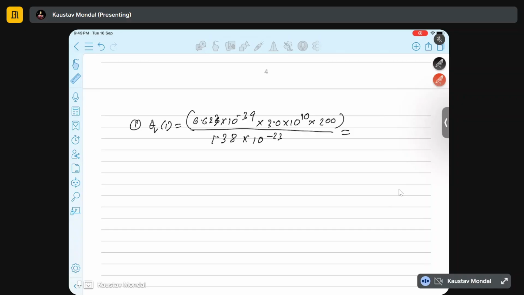If you do the numerics, theta V1 gives you 287.74 Kelvin.